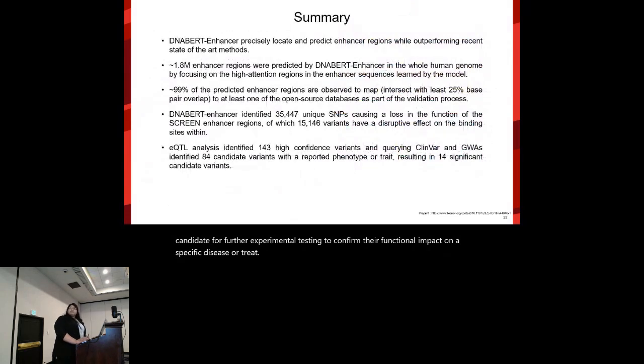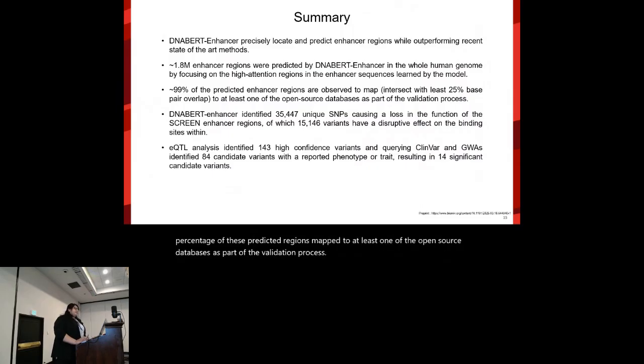So, concluding, DNABERT-enhancer precisely locates and predicts enhancer regions while outperforming recent state-of-the-art methods. And we identified about 1.8 million enhancer regions in the whole human genome by focusing on the high attention regions in the enhancer sequence learned by the model. Approximately 99% of these predicted regions map to at least one of the open source databases as part of the validation process.